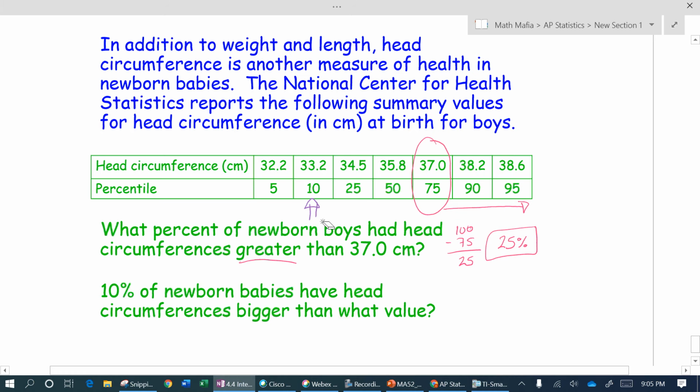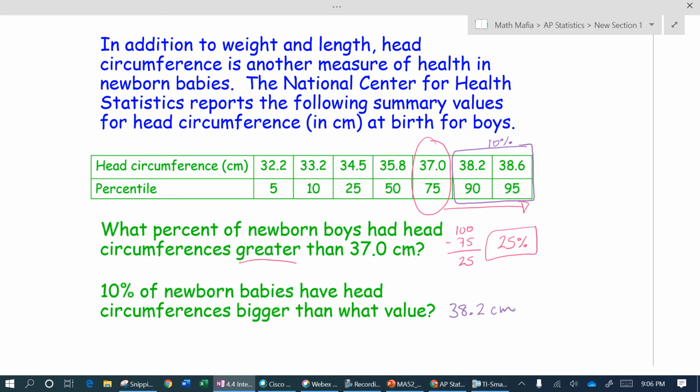So our answer is not going to be 33.2. But instead, where do we have 10% left? The answer is right here. This represents only 10% of our data. And so we can say that a head circumference of 38.2 centimeters would be our answer here.